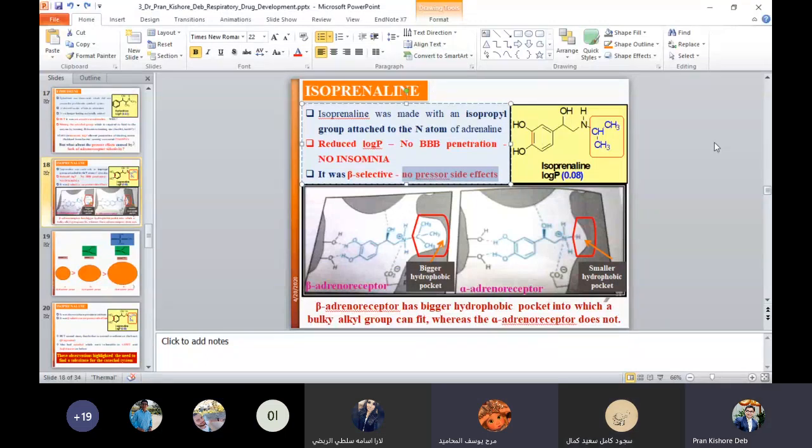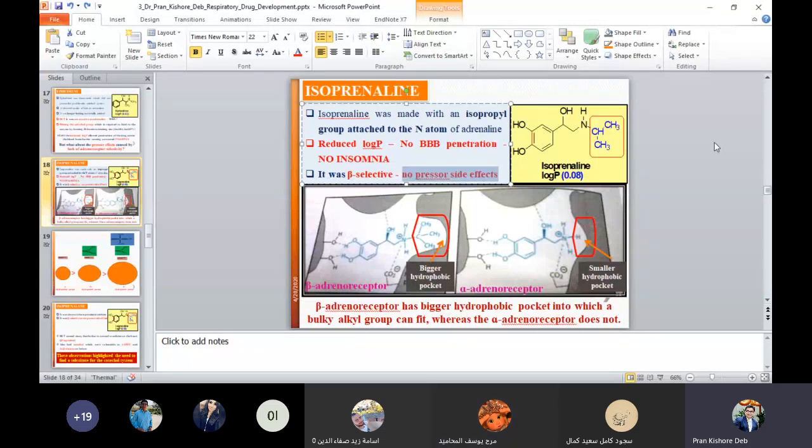How many common drawbacks or disadvantages of isoprenaline as compared to adrenaline? Both are orally not available, both short acting, and both have cardiac side effects. So there are three disadvantages common between adrenaline and isoprenaline.